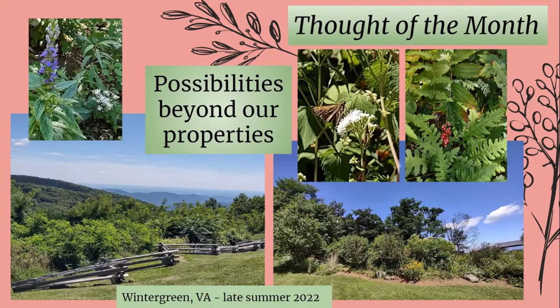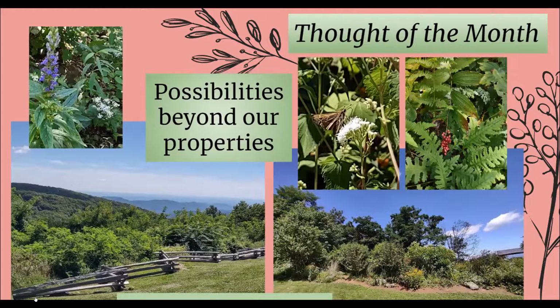Okay, so this month we are thinking about what is possible in our neighborhoods and communities. In a neighborhood in the Virginia mountains, a group of dedicated volunteers is doing amazing work with the native plants that grow on the mountain. The group has planted and maintains 3 large native gardens in the community.